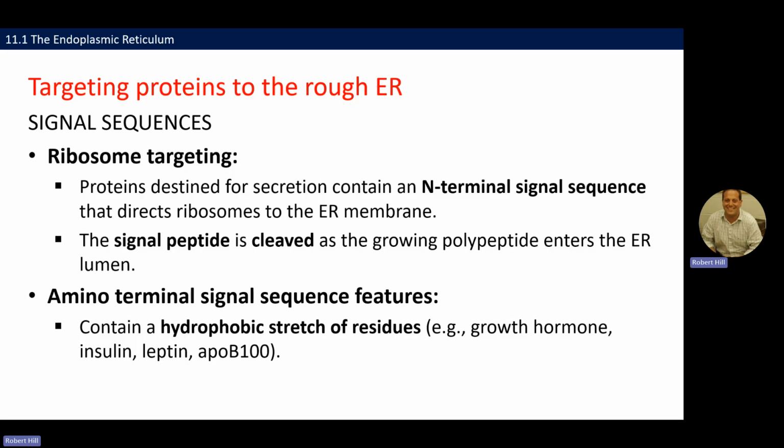All right, so this N-terminal sequence is ultimately going to get cleaved. And what makes this an ER localization signal is basically this stretch of hydrophobic residues. Okay? A lot of proteins that have to interact with membranes contain these localization signals, these stretches of hydrophobic residues.